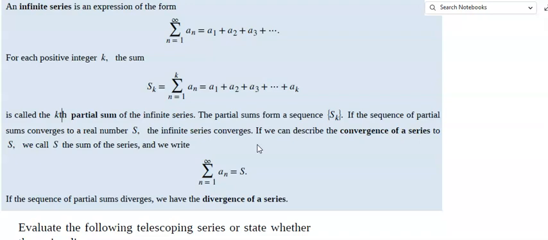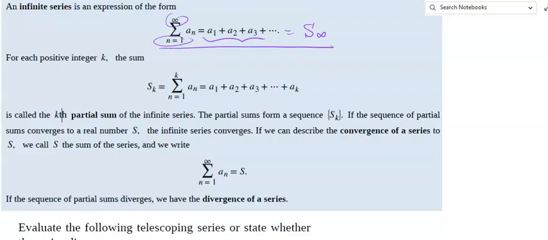So, this is an infinite sum. It talks about a series, an infinite series is an expression of the form 1 all the way to infinity. We call that S sub infinity. And this is what it says.